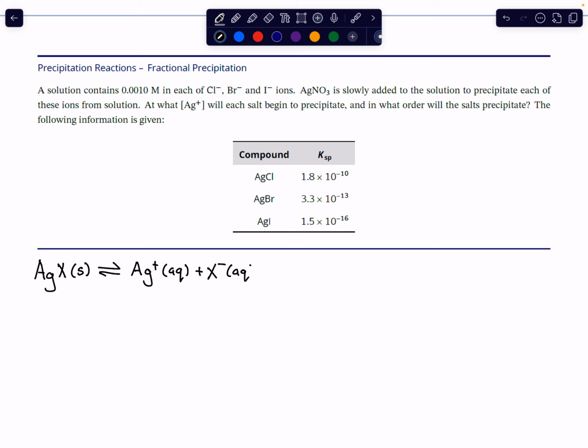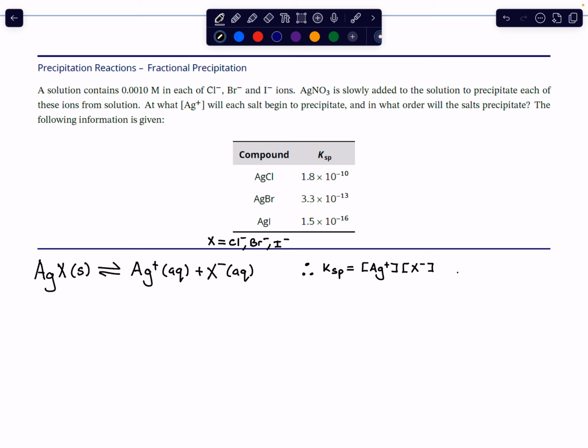X is the halide anion, so X minus is Cl minus, or Br minus, or I minus. And each of these has a KSP. So the KSP expression for them will be silver plus multiplied by X minus, where X is of course the halide.